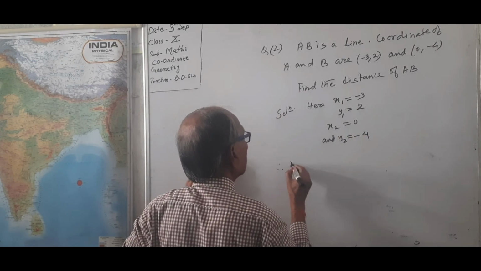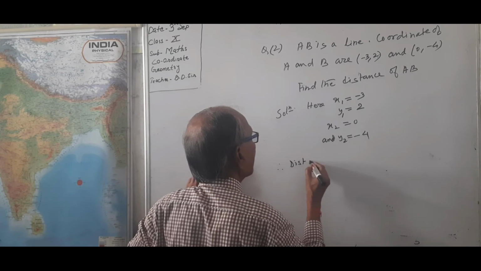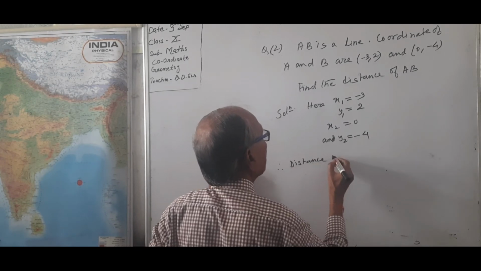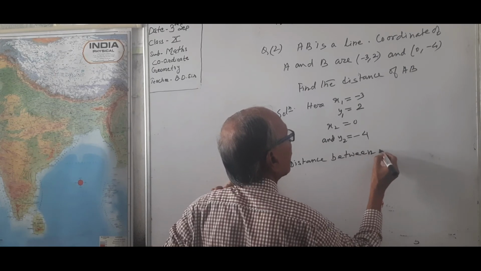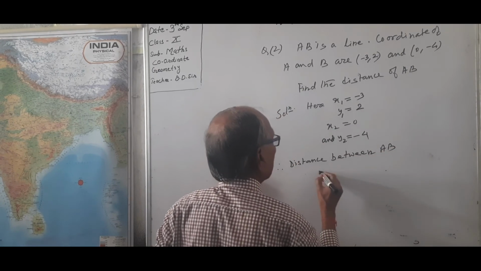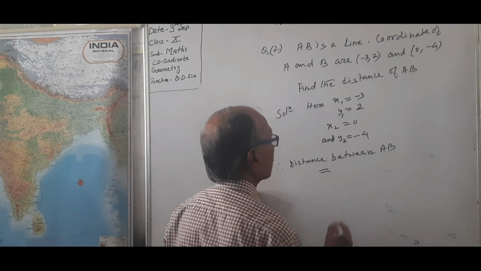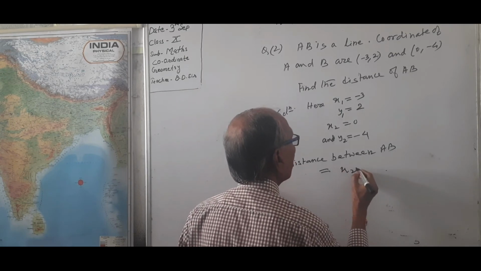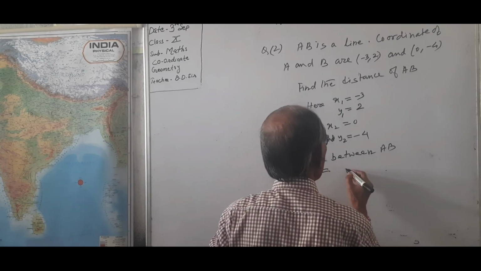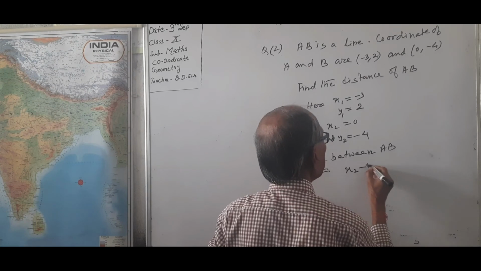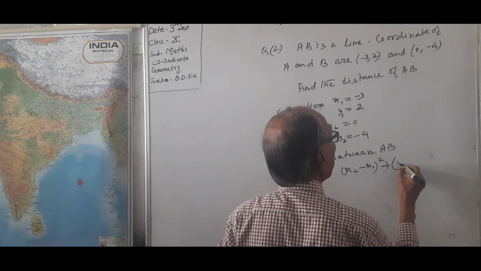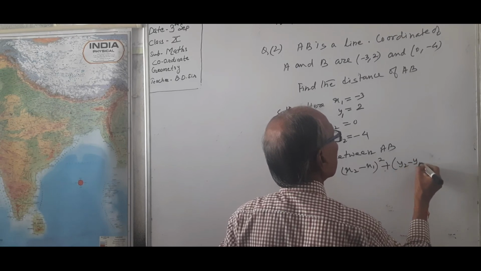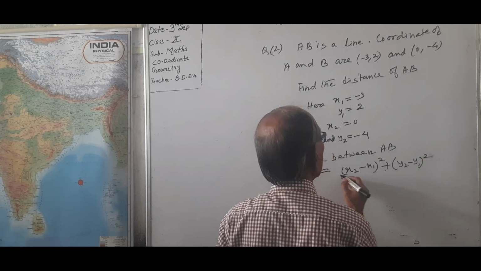So, distance between AB is equal to what? The formula I am writing first: under root, (x2 minus x1) whole square plus (y2 minus y1) whole square.